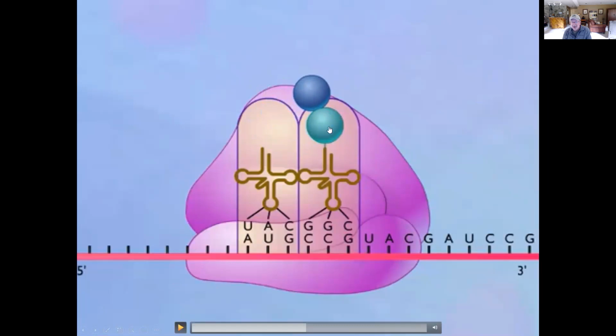Now, this particular transfer RNA that's brought in, the green sphere, which again is another amino acid, how could we look that up in the table in our book? We'd have to look up CCG. And if we did that, we'd find that this amino acid is the amino acid proline, PRO. So we have connected these two together.